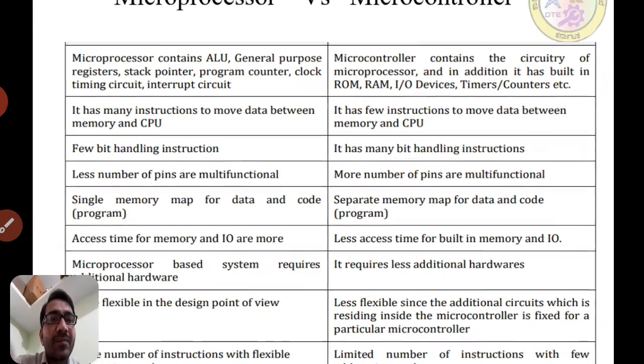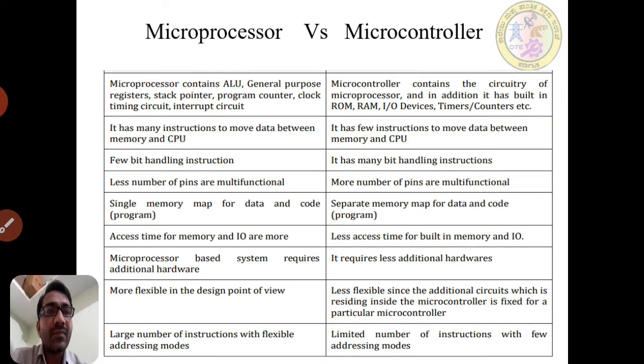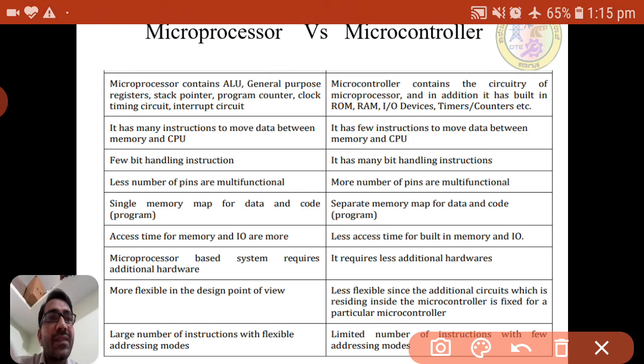Now the difference. What is the difference? This is the main point: the difference between the microprocessor and microcontroller. This section is the microprocessor and this section is the microcontroller. Let us take the first point. The microprocessor contains ALU, general purpose registers, stack pointer, program counter, clock timing circuit, and interrupt circuit.